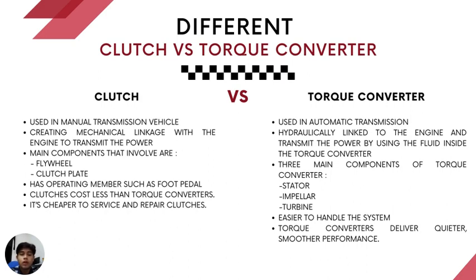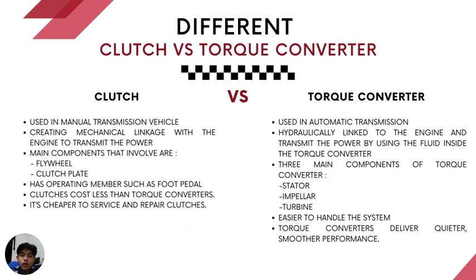So, what is the difference between clutch and torque converter? Firstly, we know that clutch is used in manual transmission vehicles, while torque converter is used in automatic transmission vehicles. From that, there are some differences between clutch and torque converter.